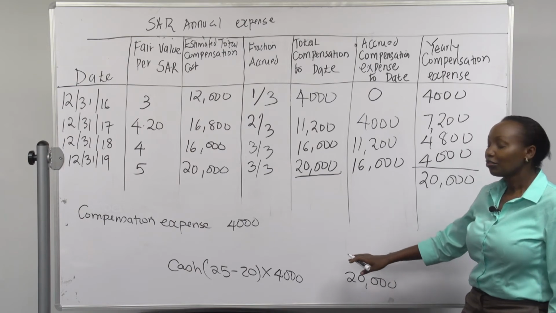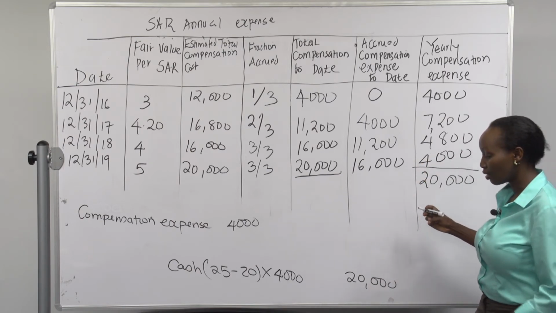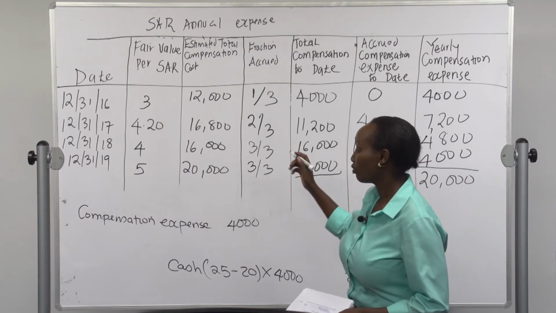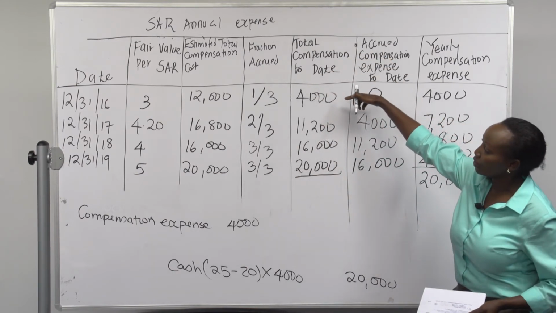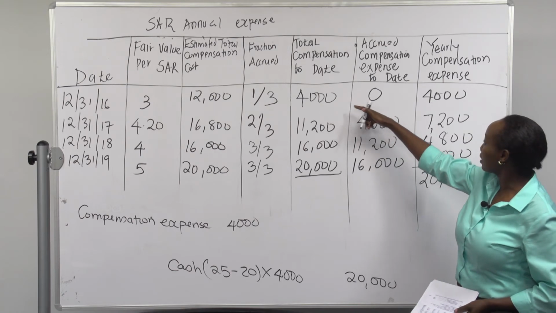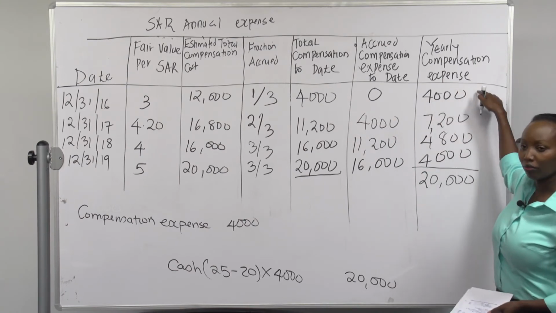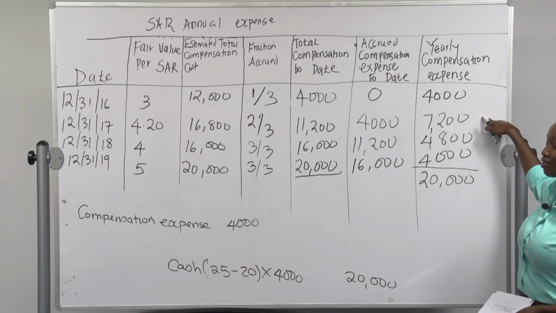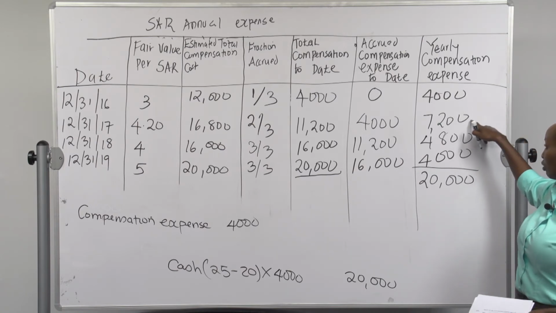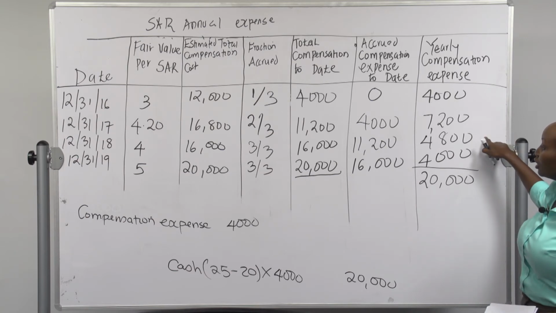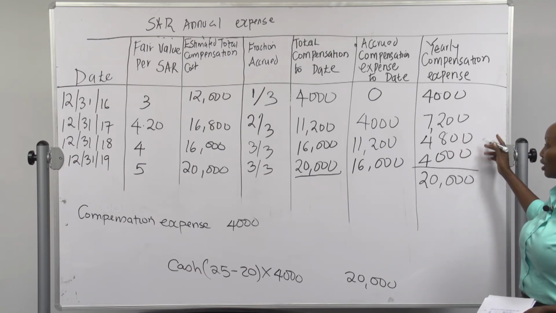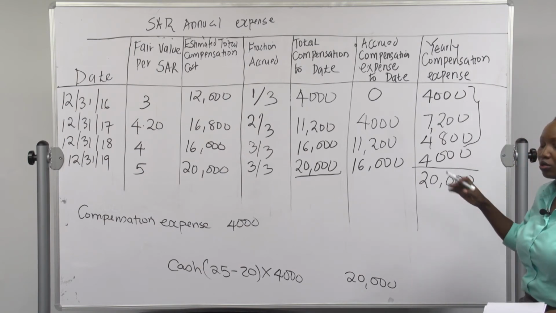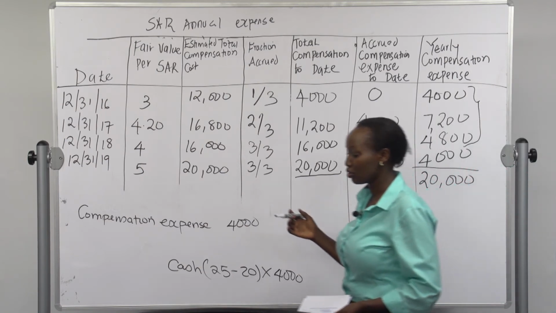The difference is the SAR compensation payable that we've been crediting for the past 3 years. In 2016, we credited SAR compensation payable of 4,000. In 2017, we did SAR compensation payable of 7,200. And in 2018, we had 4,800. All this together was already recorded as SAR compensation payable.